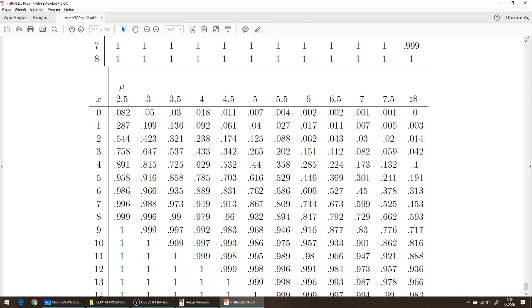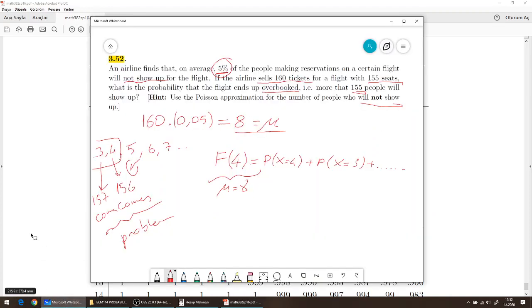Yes, mu is 8 here, and uppercase F4 is 0.1, as you see. Yes, that is equal to 0.1, which is the answer to the question.